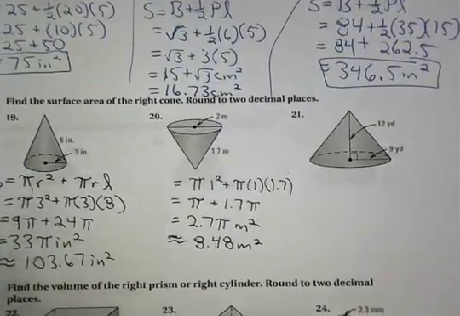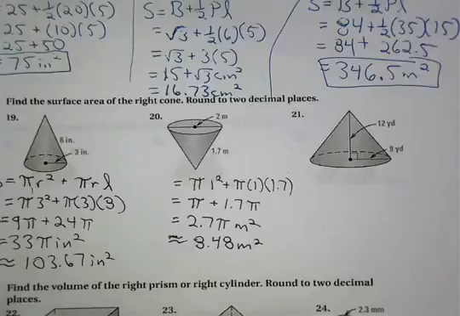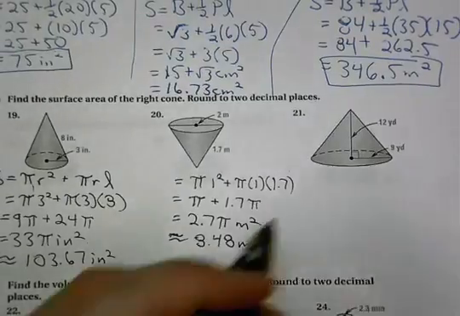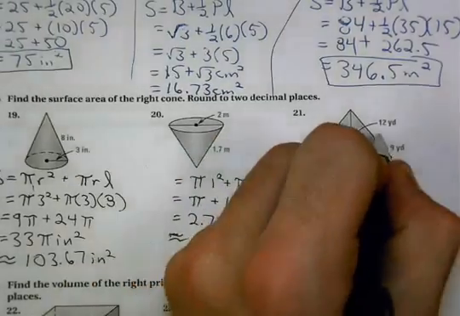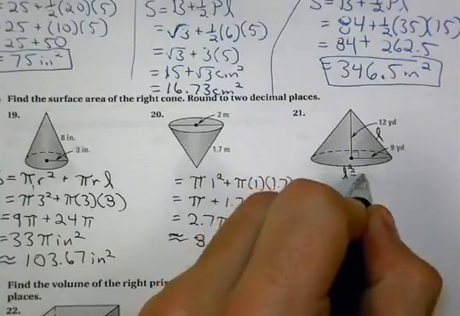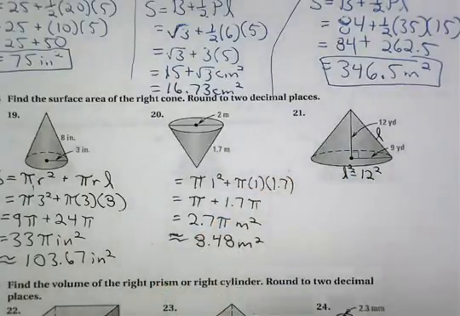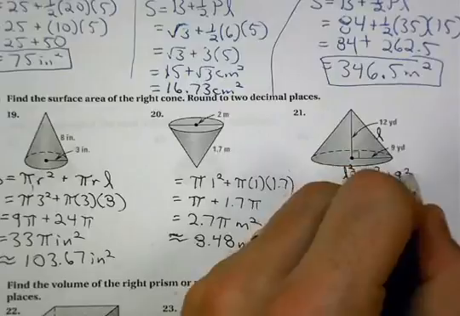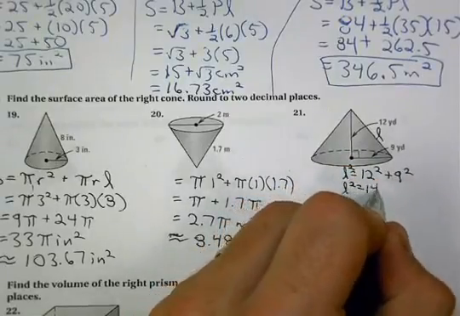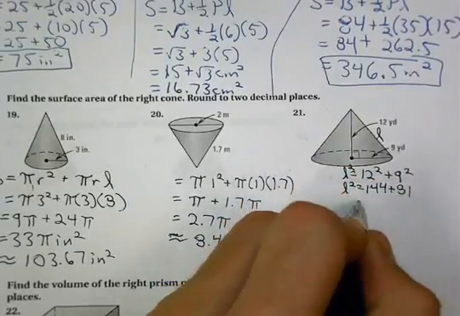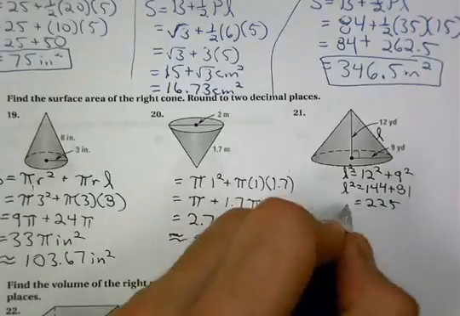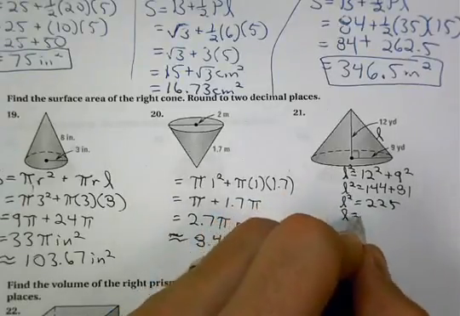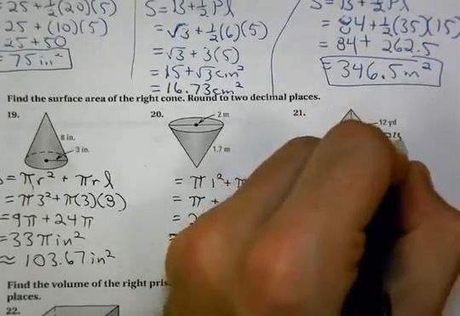Number 21, we have to be careful before we solve because we don't have slant height here. We actually have the height. So in this case, you would use Pythagorean theorem to find L. L squared equals 12 squared plus 9 squared. We get 144 plus 81, which gives us 225. And we find that our slant height is 15.